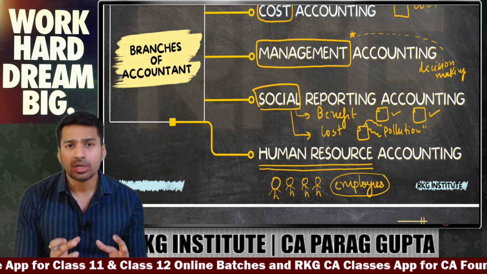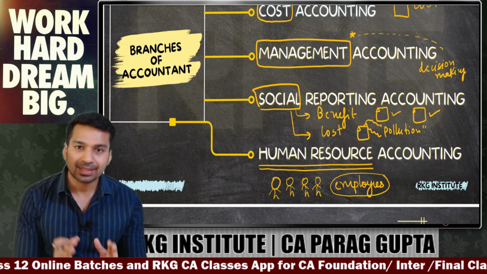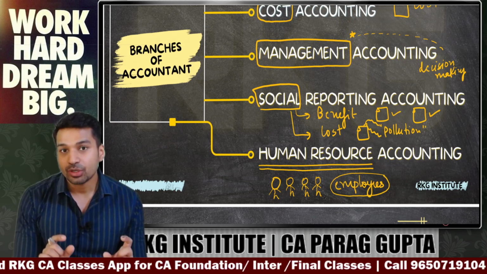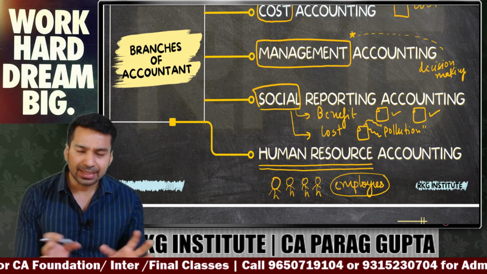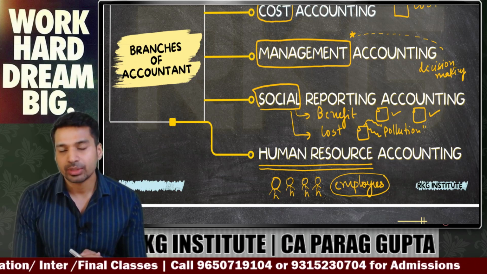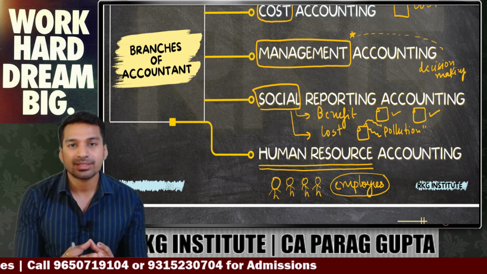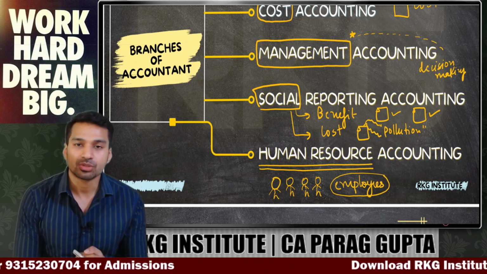I want to record them as a value, that is human resource accounting. But practically there is a problem because we cannot monetize, we cannot identify the money value of an employee. So we practically do not follow human resource accounting, but human resource accounting is all about valuing your employees, valuing your human resource, and that is all about human resource accounting.